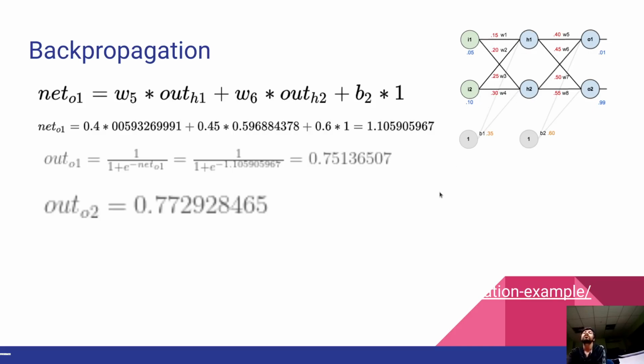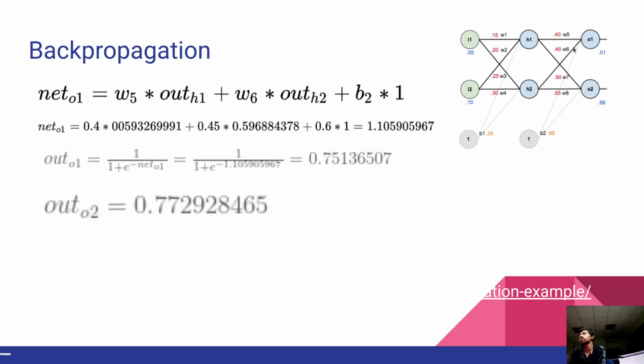For the line going from H2 to O1, there is no weight given actually. Is there? Oh, that is W6, 0.45. Okay. So going from H2 to O1, what is the weight? This is 0.45, right?